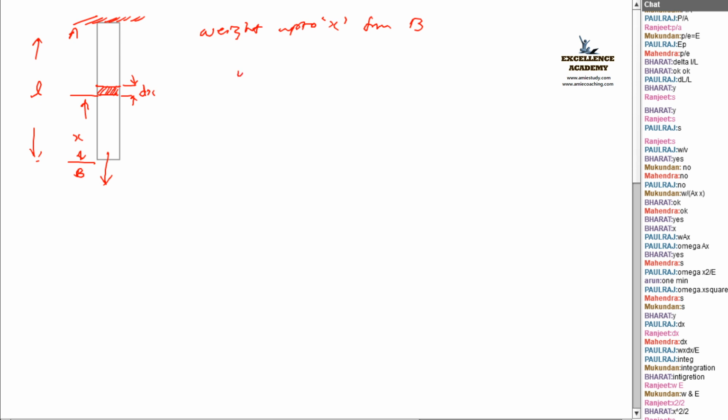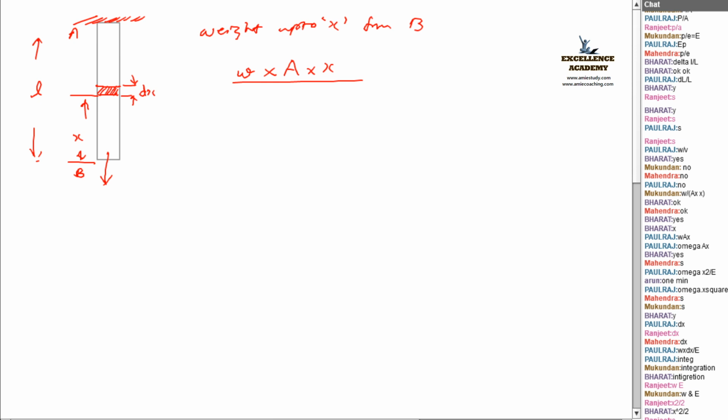That is the specific weight w into volume. What is the area here? A. Area into length is the volume, so area into height, that means x. So w into A into x is the weight up to x from B.